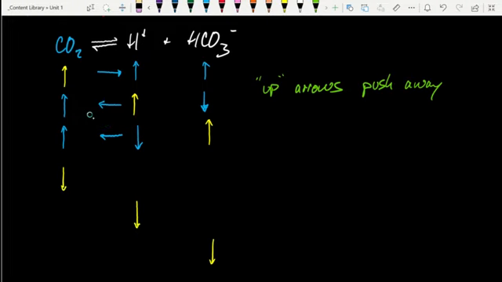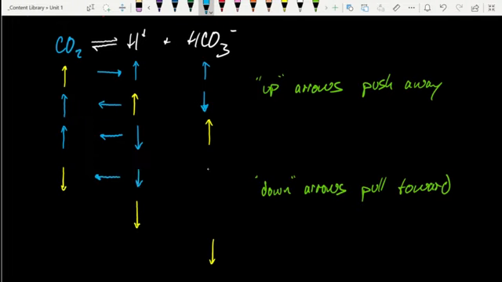And now we'll see on the bottom end, down arrows pull toward, right? Because this is going down, it's going to pull the reaction toward itself to replace what was lost. And because everything on the right side now becomes the reactants, we're going to see a decrease in the reactants.